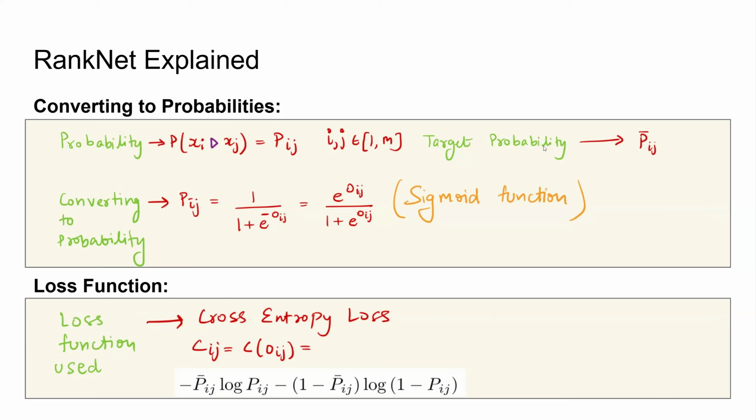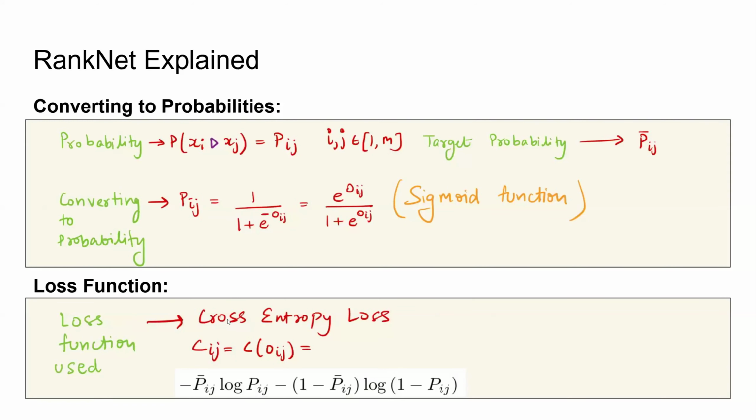The target probability for this is pij dash, which should be the exact value that we stored in our dataset. We convert this using the sigmoid function: we take in oij, the output of the neural model, apply the sigmoid on it, and compute pij through it.